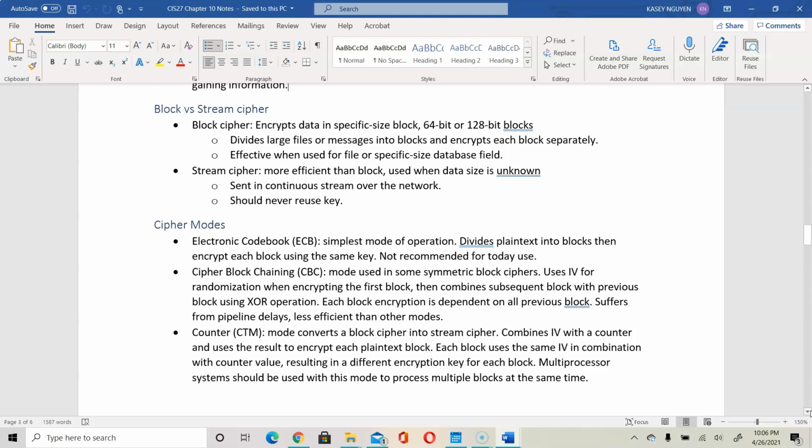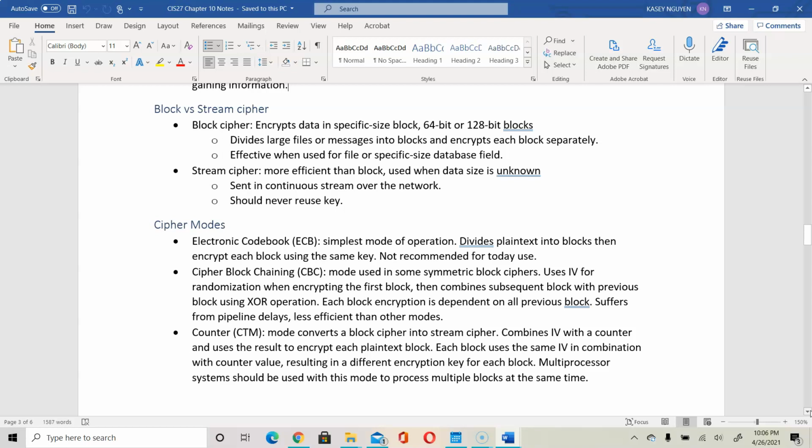Then it combines each subsequent block with the previous block using an exclusive OR operation. Each block encryption is dependent on the previous block. The only downside is that there's some latency with block chaining mode, and it's less efficient than other modes.